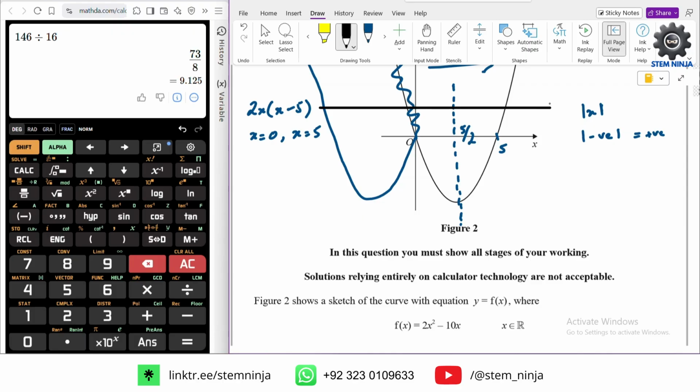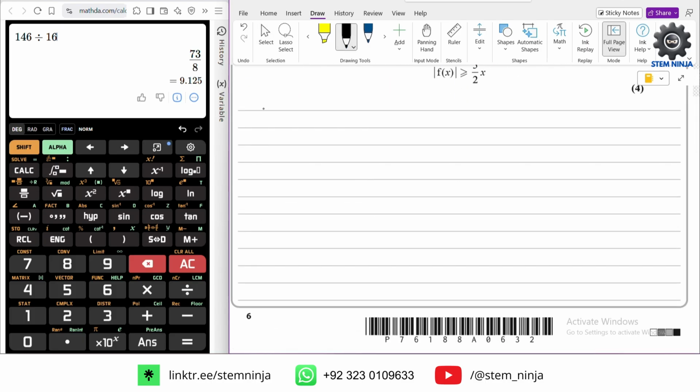So basically, since the left and right side of the y-axis are going to be identical, whatever x value we have over here will be the same as over here, but on the negative side. So for part A, 2x squared minus 10x equals 48. We can turn this into a quadratic equation.